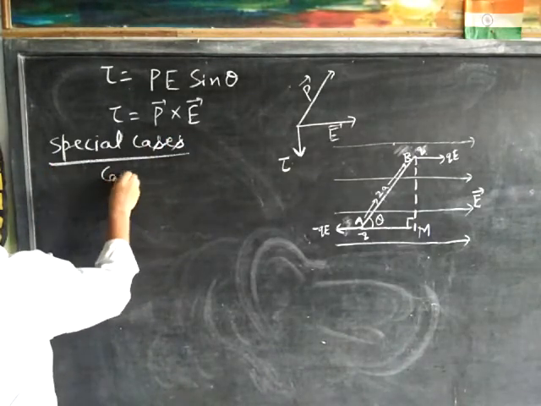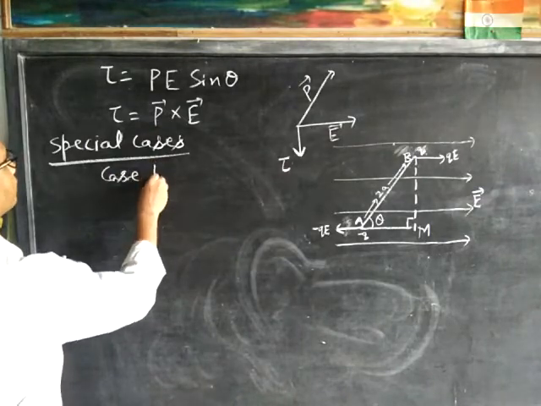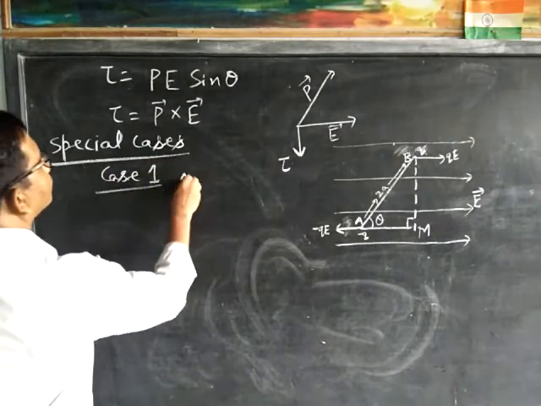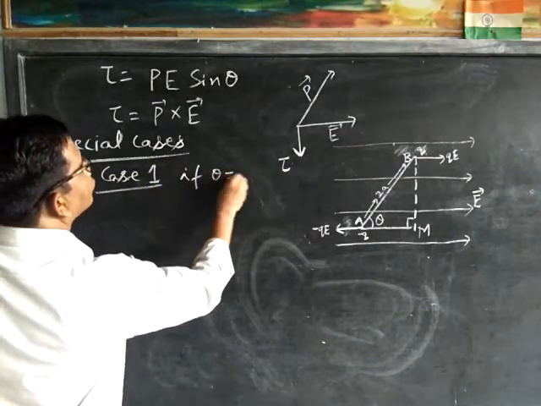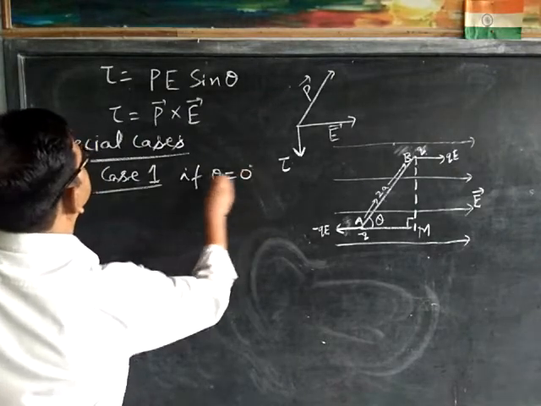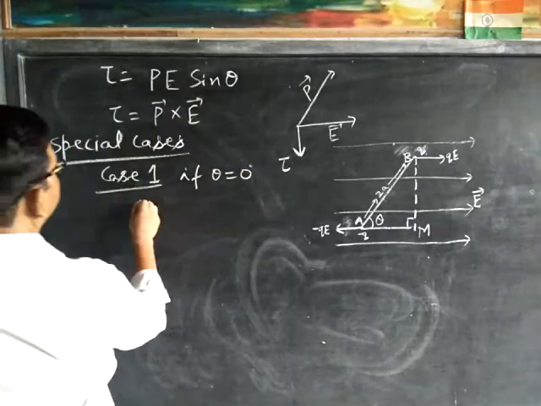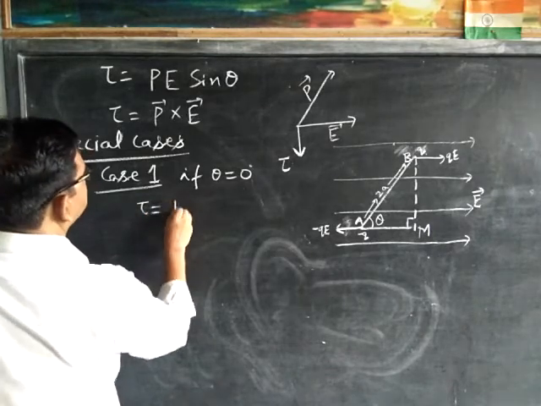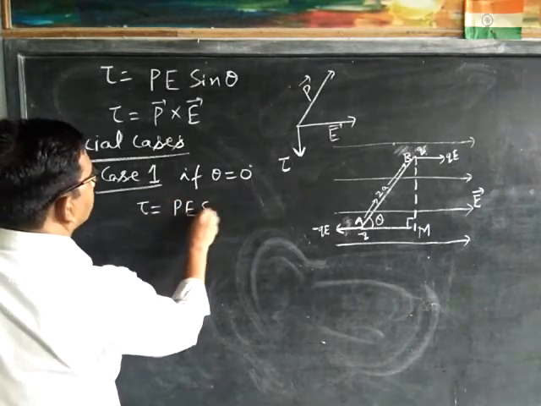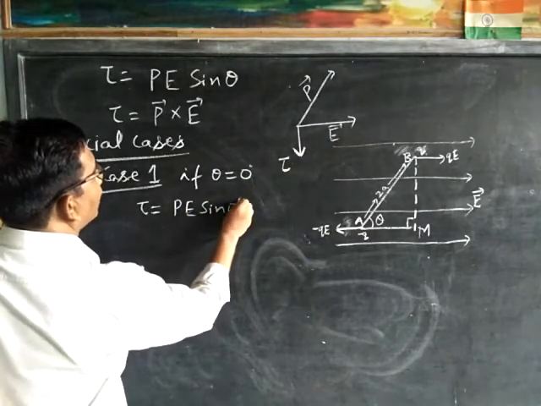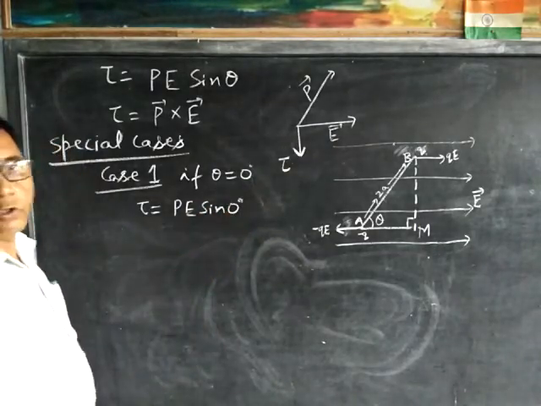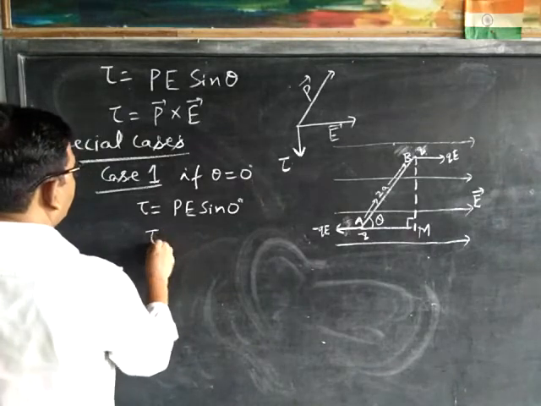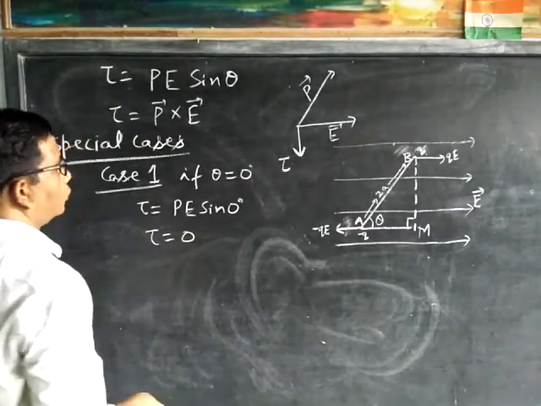Case first: if theta is equal to 0 degree, then tau is equal to PE sin 0, and the value of sin 0 is 0, therefore tau is equal to 0.